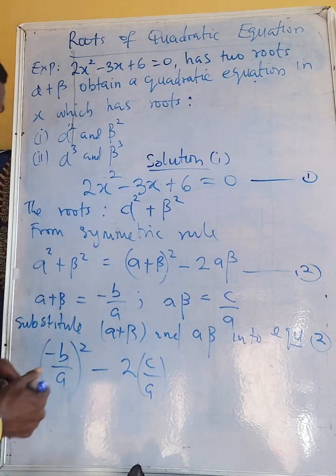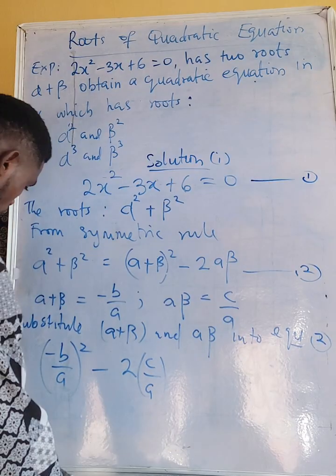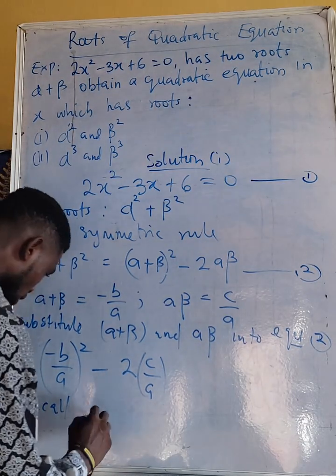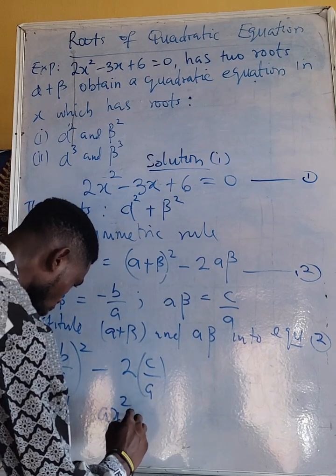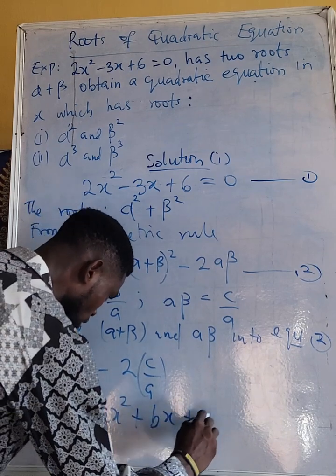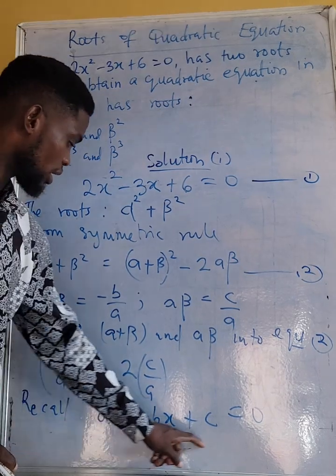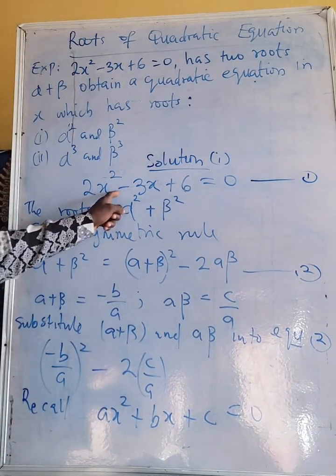If you can recall from the quadratic equation, which is ax square plus bx plus c is equal to 0, now we are going to compare this equation to our equation.